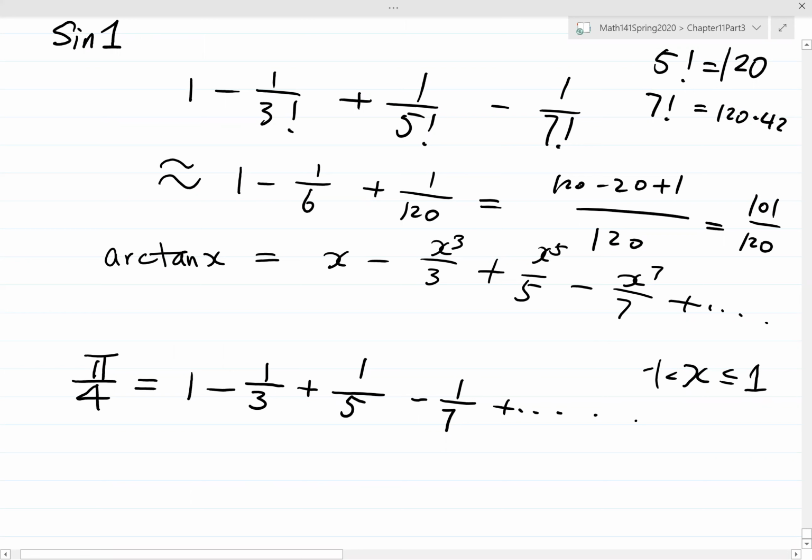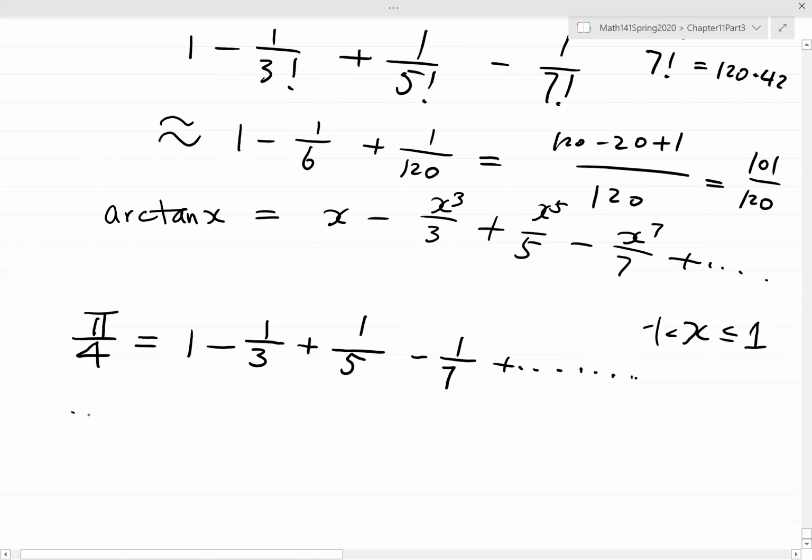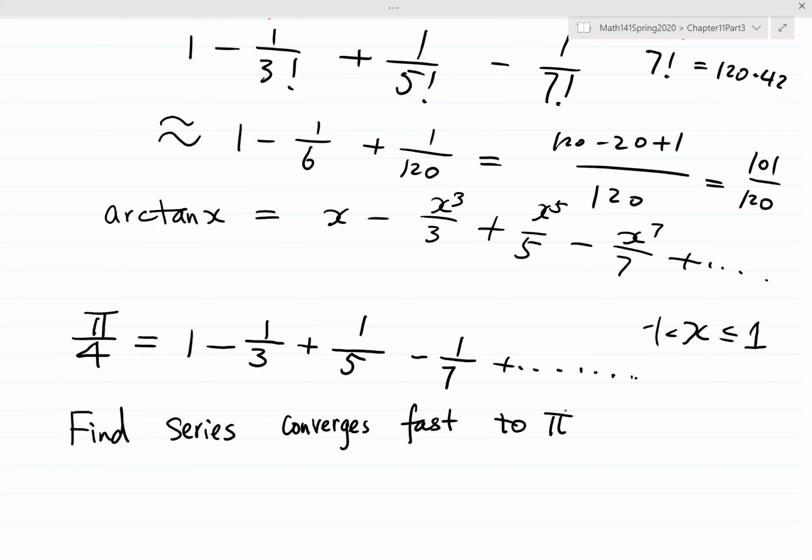Now, a good thing for a writing project is to find a series that converges fast to pi. The above converges to pi really slowly. If you do a lot of algebra and a lot of computation, you only get a really bad result.